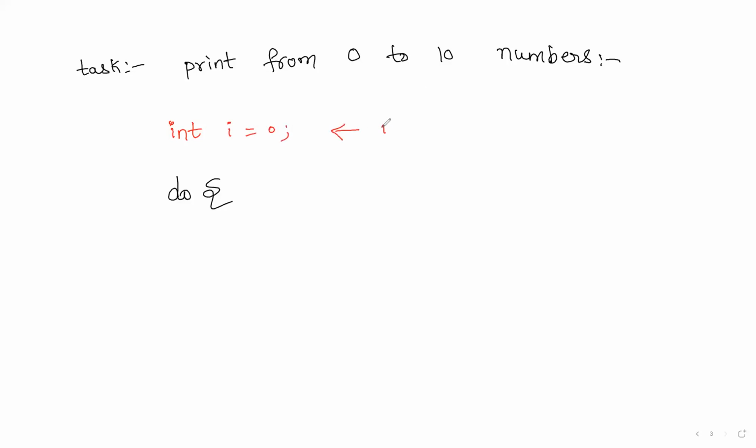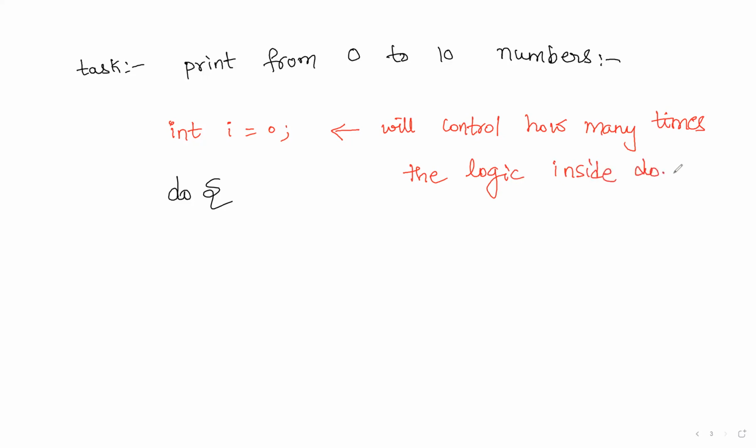This variable will control how many times the logic inside the do while body will be executed.